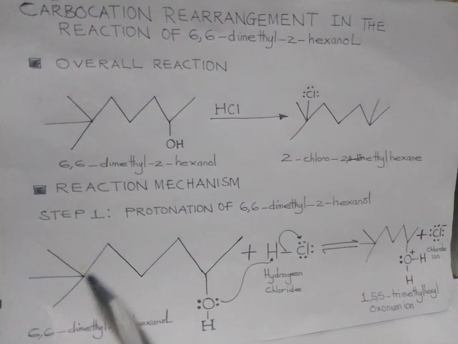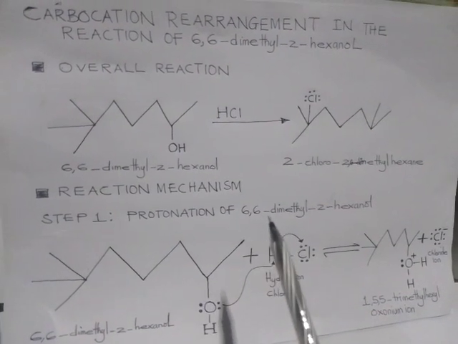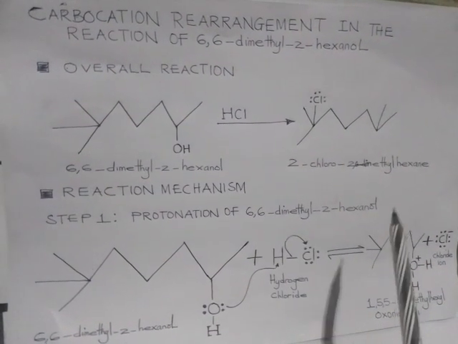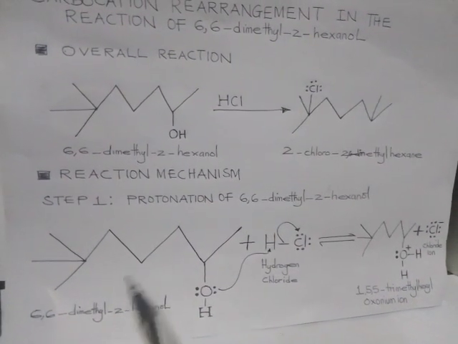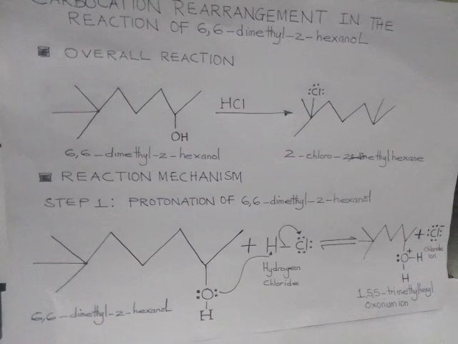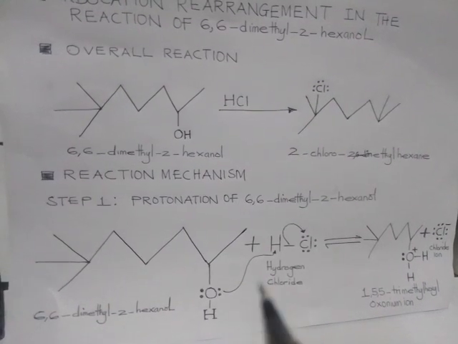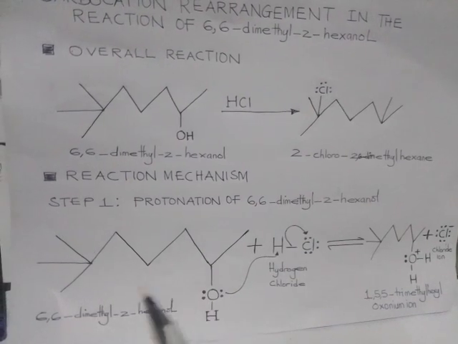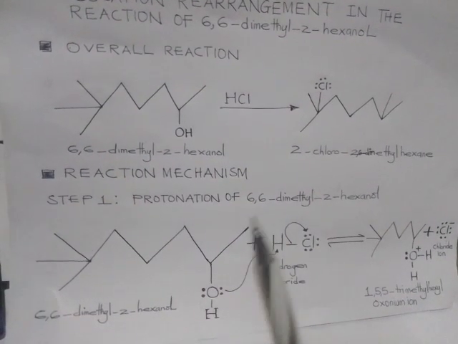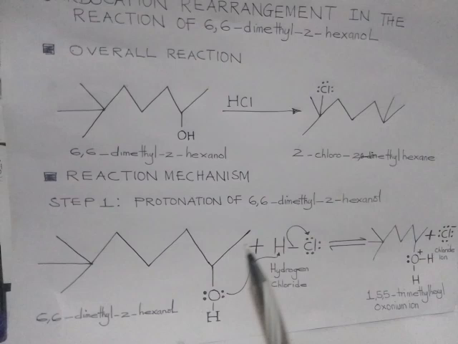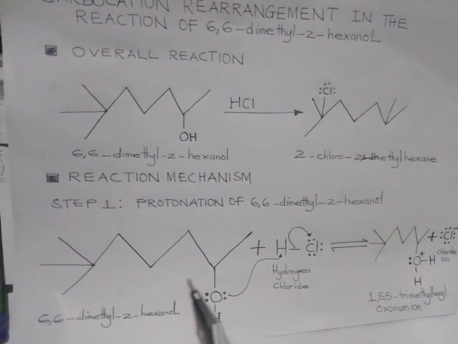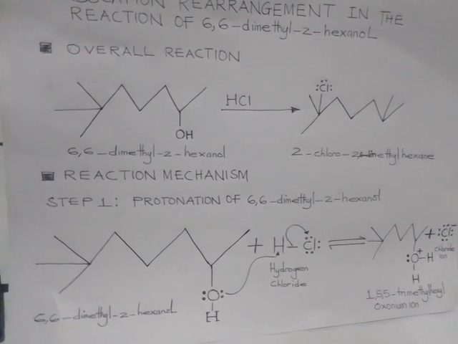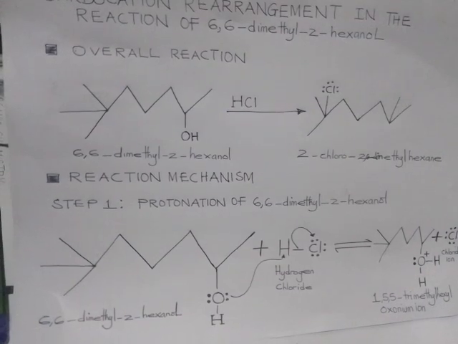So now the first step of the mechanism is called the protonation of 6,6-dimethyl-2-hexanol. Now look at this step. This step is a bimolecular step, because in the reactant portion of this reaction there were two changes happening at the same time.